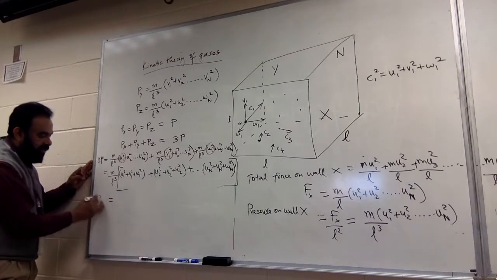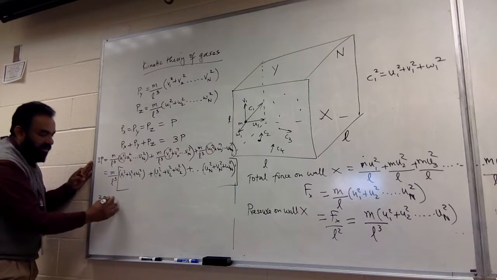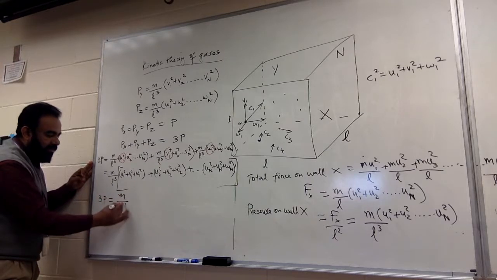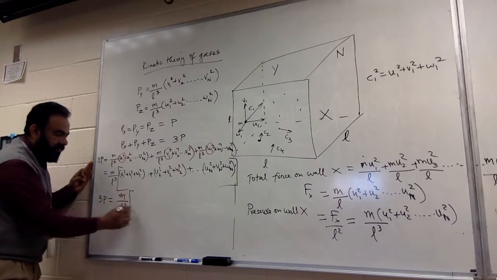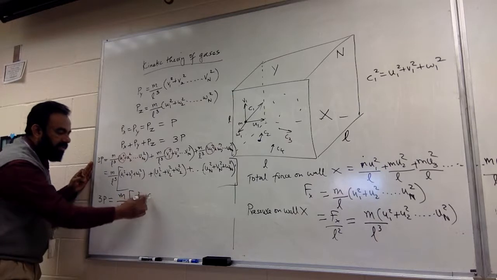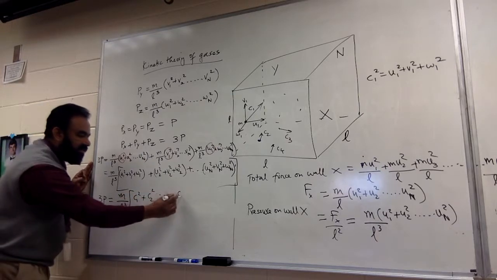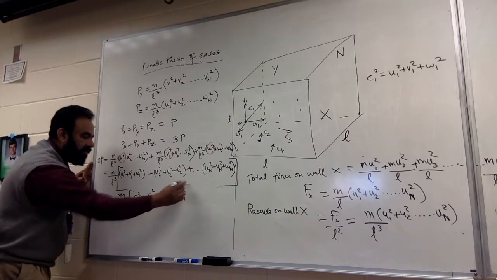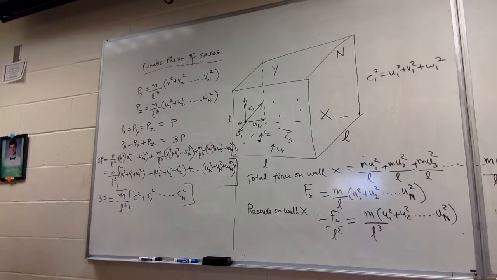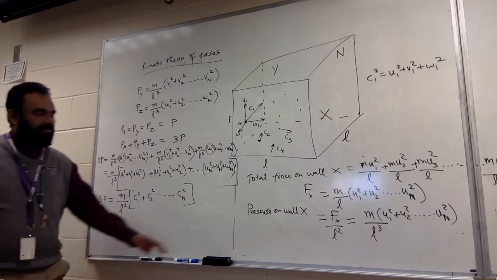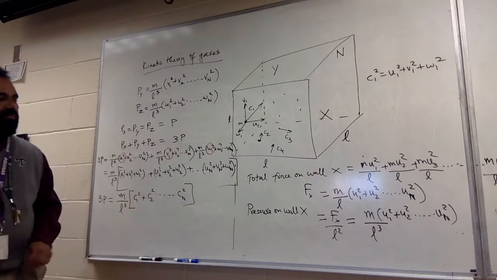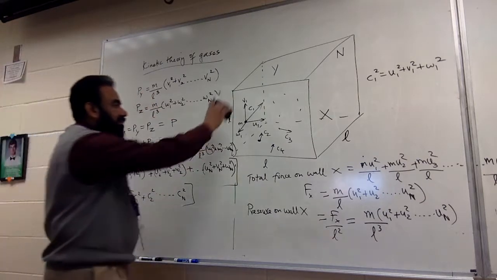So this is now going to be 3P is equal to m over L cubed times c1 square plus c2 square, etc., cn square. I'm going to take that side.